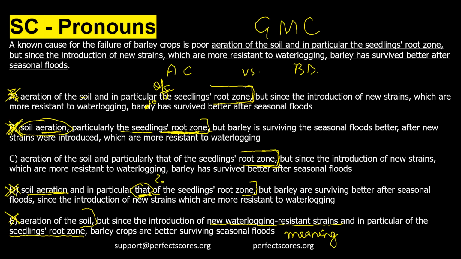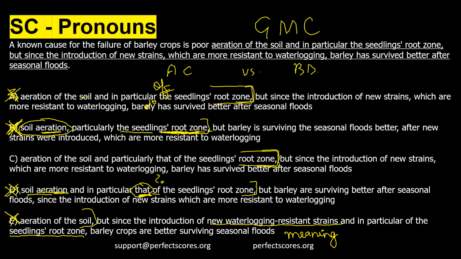Okay, did you all understand why A is not making sense? Yeah, did everyone else understand it? Because meaning wise, there is only one cause for the failure of the crops, which is poor aeration.